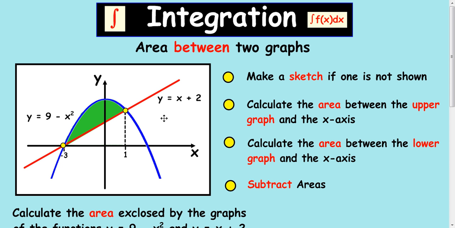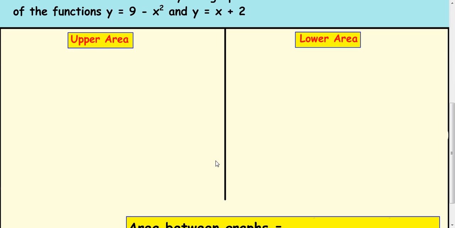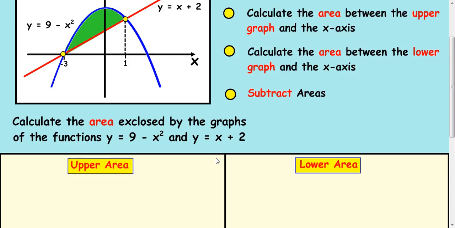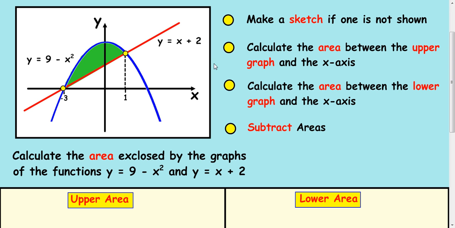So let's look at how we would do that. Now I've written some instructions down here. Make a sketch if one's not shown. Calculate the area between the upper graph and the x-axis, in this case the parabola, and then calculate the area between the lower graph and the x-axis, in this case the straight line, and then subtract the two areas. So, upper area, that's the parabola between -3 and 1.